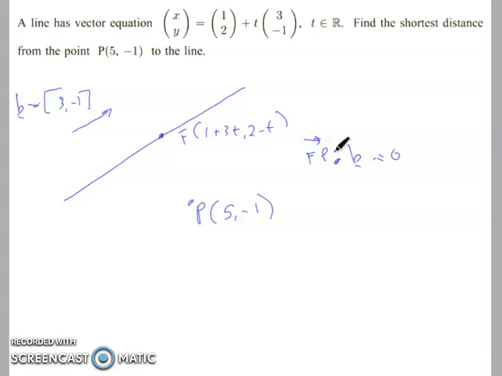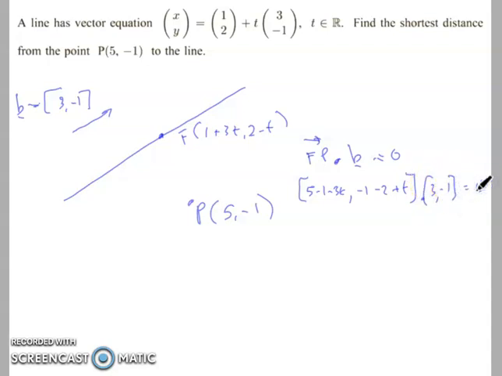Working out the vector from F to P, I'll have the P value subtract the F value, which gives me this vector here. I then dot that with vector B, which is the vector 3, -1. That has to equal 0.